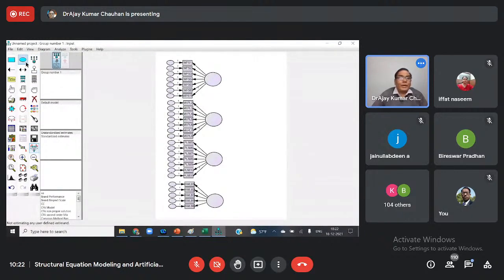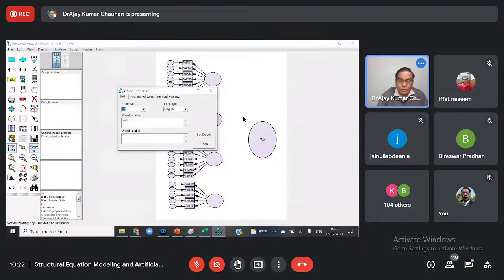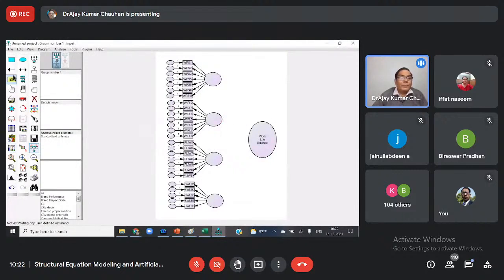Now I am going to make a second order construct. The name of the construct is work life balance, and we are measuring work life balance with the help of 4 items like this.